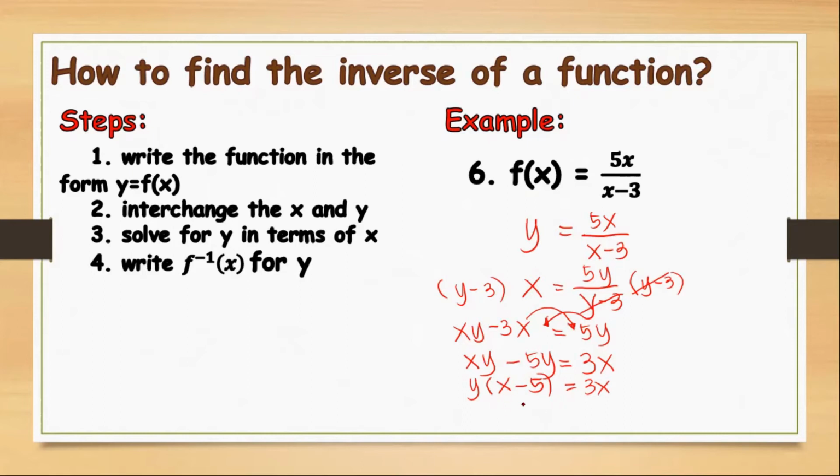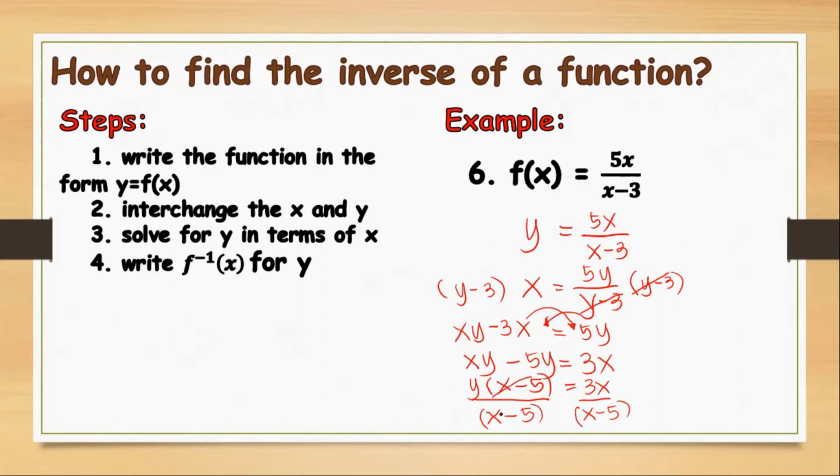And so in order to make this having y on the left side, we have to divide both sides by x minus 5. Our concept here is every time that we have a multiplier for y, we have to divide the partner with the same quantity so that what is left here on the left side of our equation will be y only.